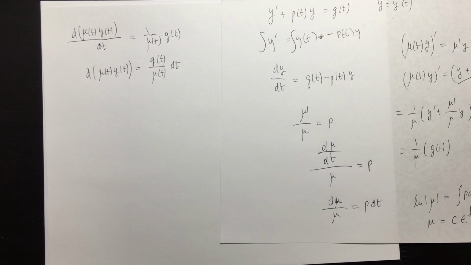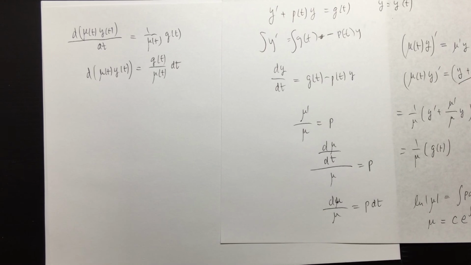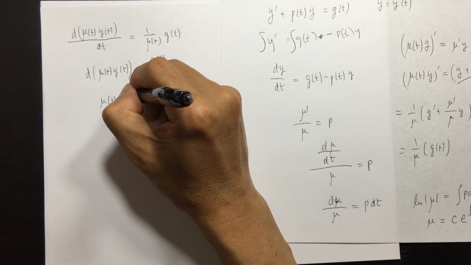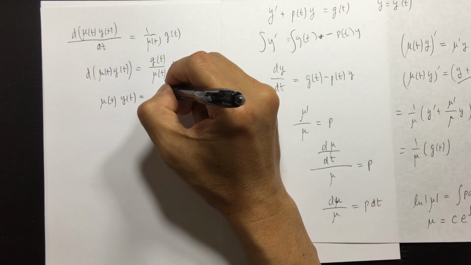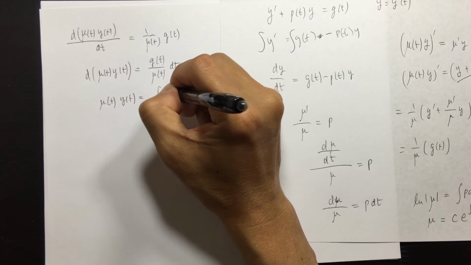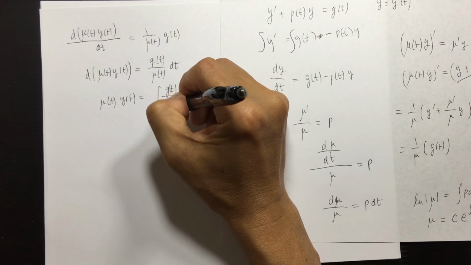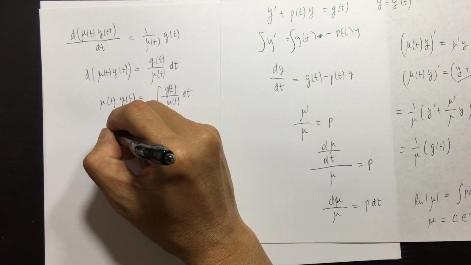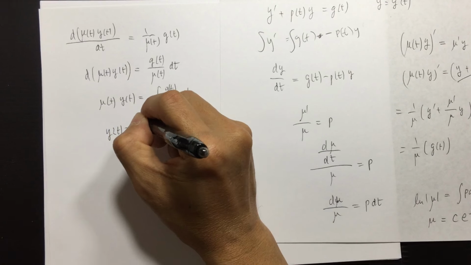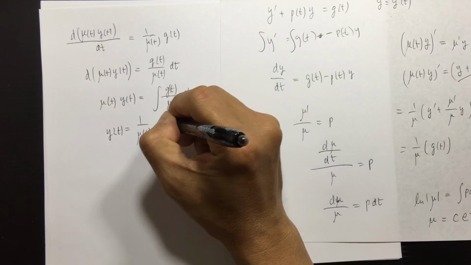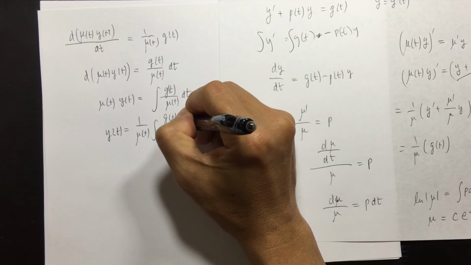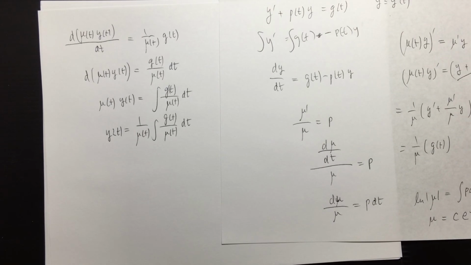Now I can take an integral of this. After I take an integral of this, it becomes mu t yt equals to the integral of gt mu t dt. And I just divide the mu over. Yt equals to 1 over mu t times the integral of gt dt.